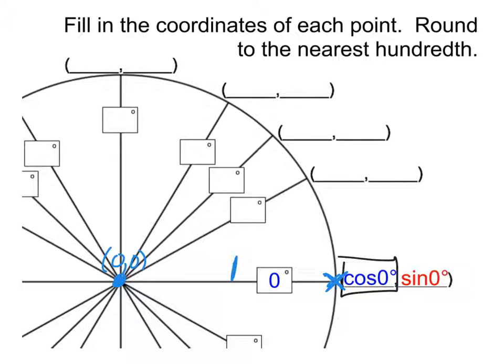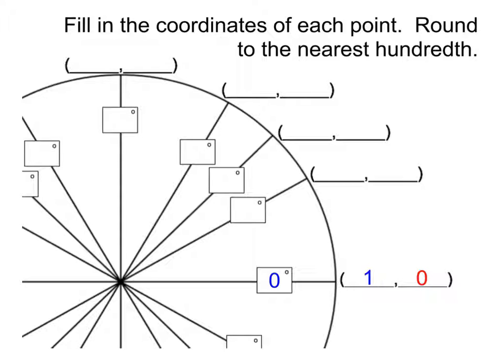Well, doesn't that mean my x-coordinate is going to be 1? And the y-coordinate. Notice I'm not going up at all at that point. That means that my y-coordinate should be 0. So we get 1 and 0 for our coordinates there. Go ahead and fill those in.